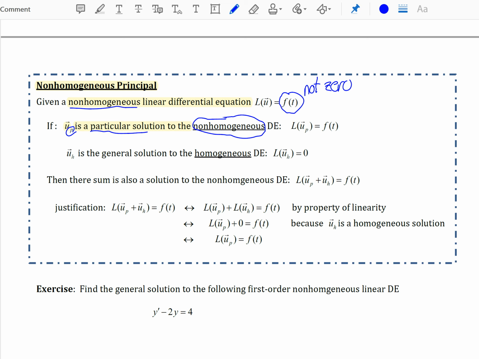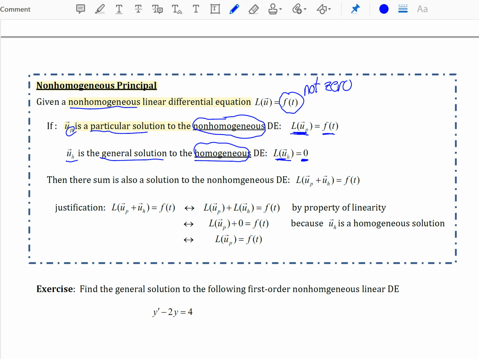Now, if this is a solution, it means when I evaluate the DE at UP, I get the right-hand side back. Remember, if it was homogeneous, I'd get 0 back. But if it's a particular solution to a non-homogeneous DE, when you evaluate it, you get the right-hand side. We also have UH, notice the H as a subscript, is the general solution to the homogeneous DE, meaning that when we evaluate the DE at UH, we should get 0 because it's a homogeneous solution.